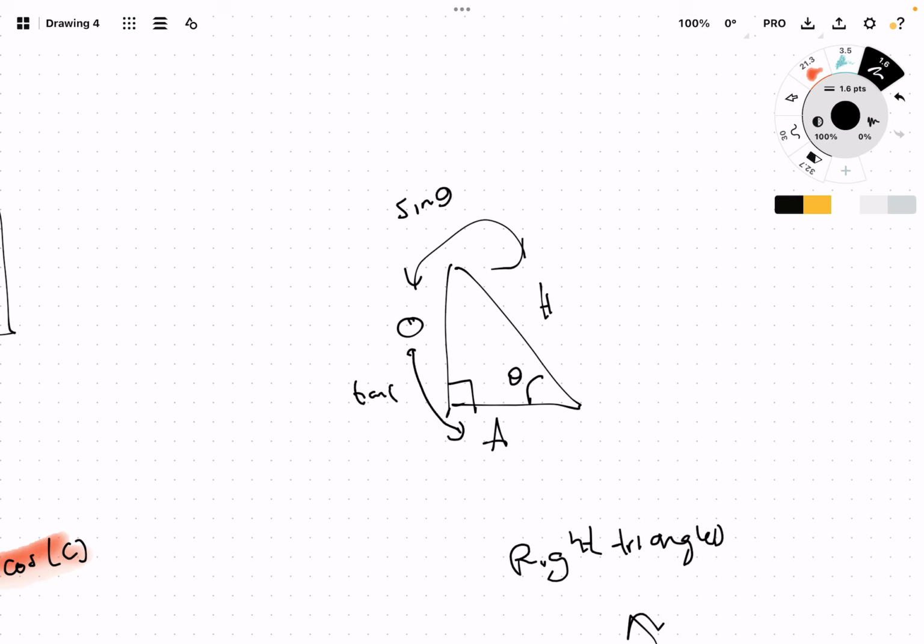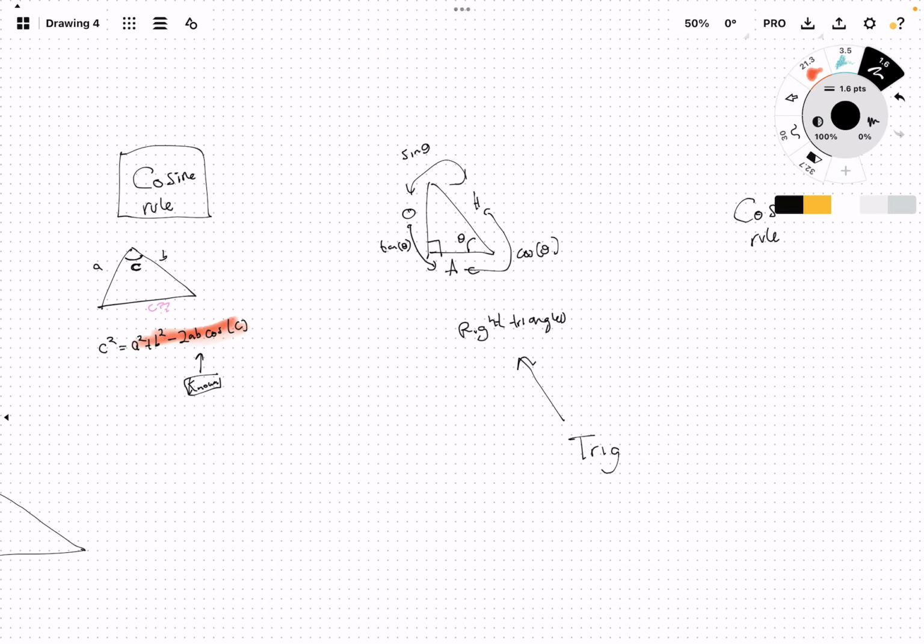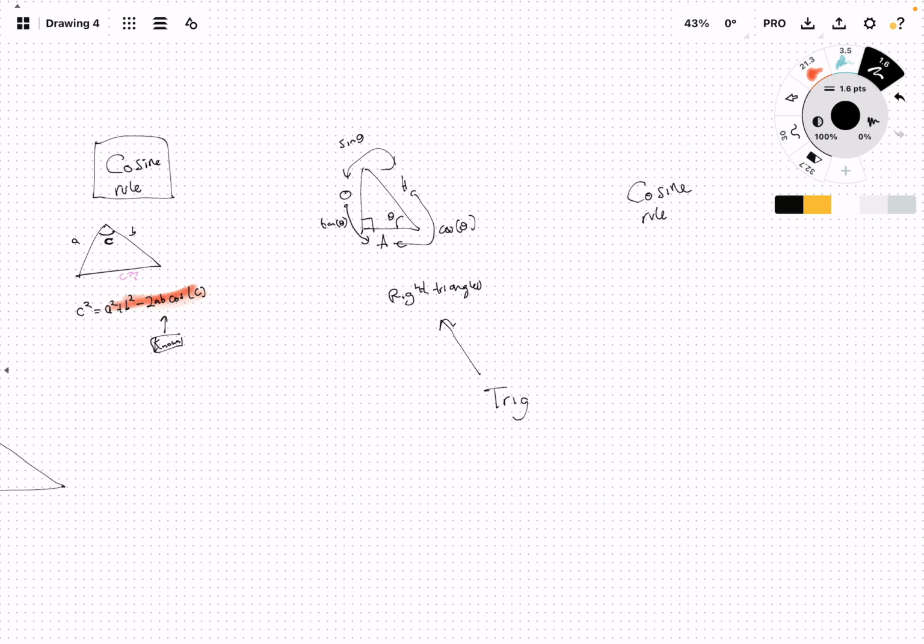Tan would be opposite over adjacent. And cos would be adjacent over hypotenuse. So as you can see, it's pretty limited.